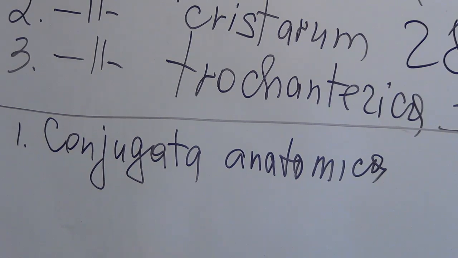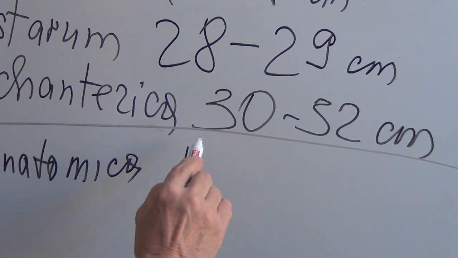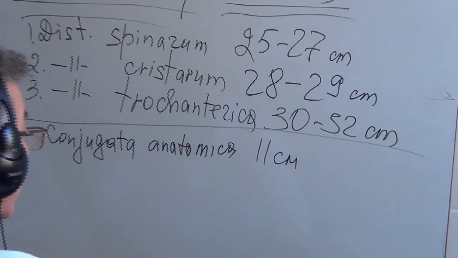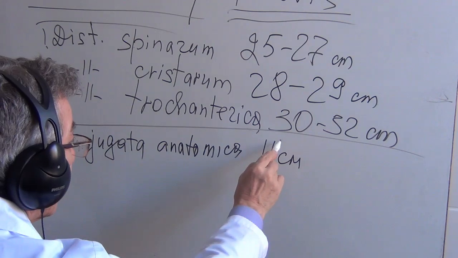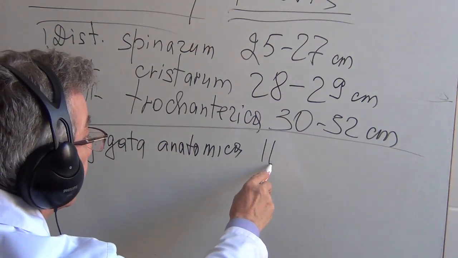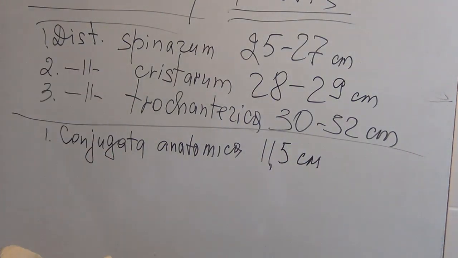Anatomical conjugate usually has 11 centimeters or 11.5.